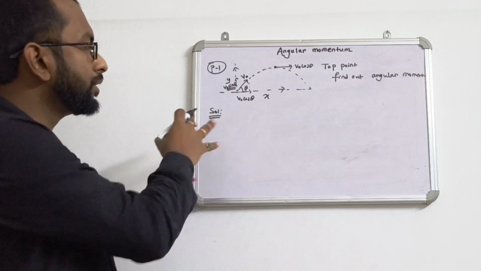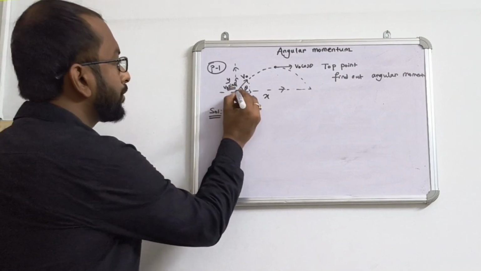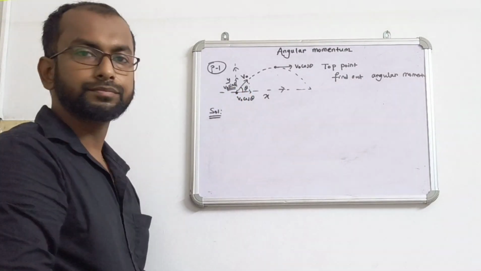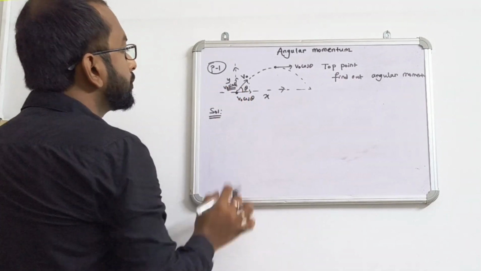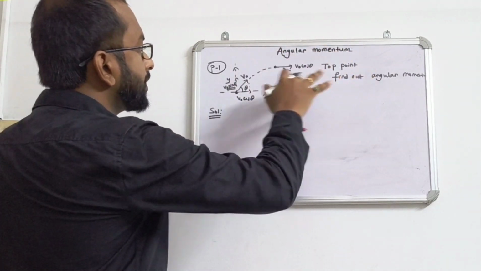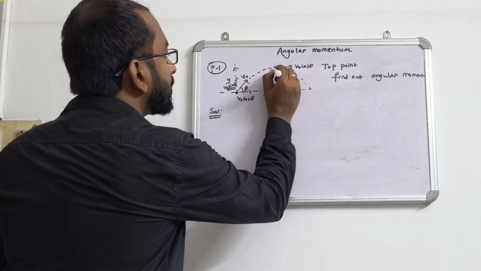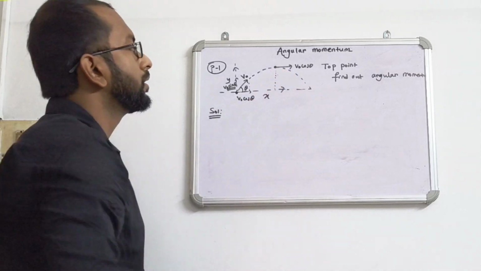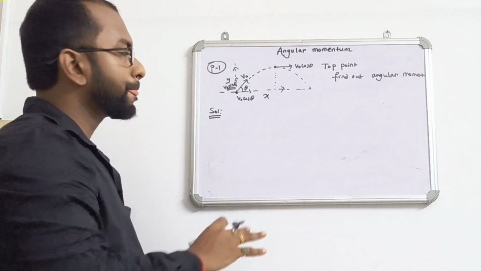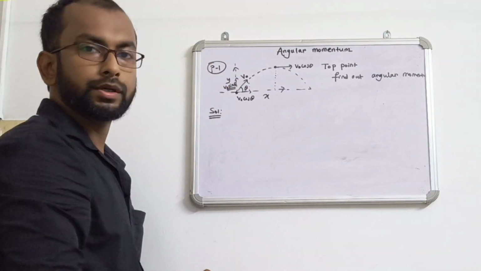Now what is going to be the angular momentum with respect to this origin? See, this v naught cos theta component is only creating the angular momentum at the topmost point.